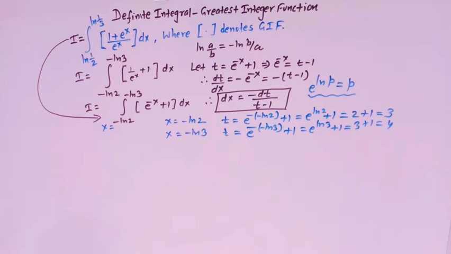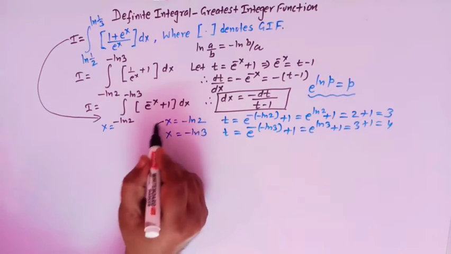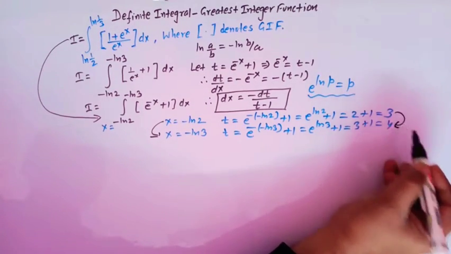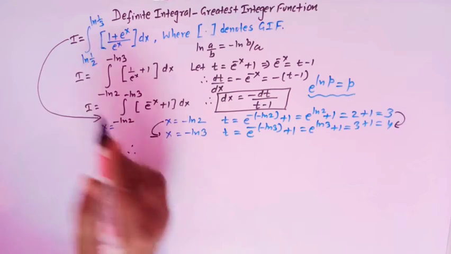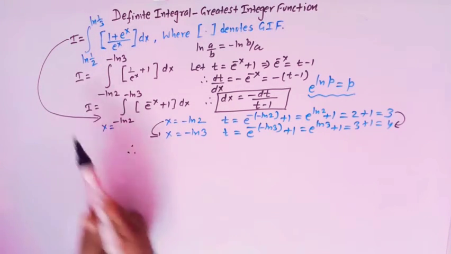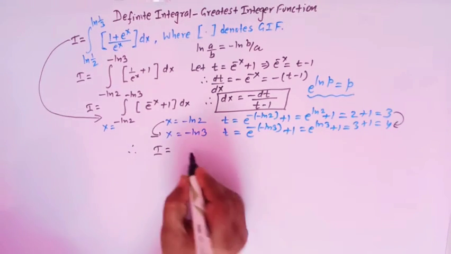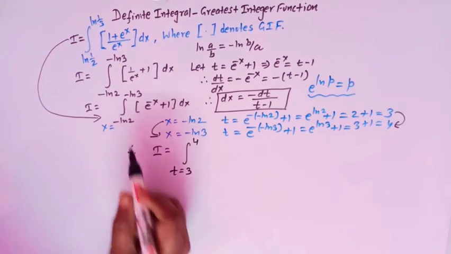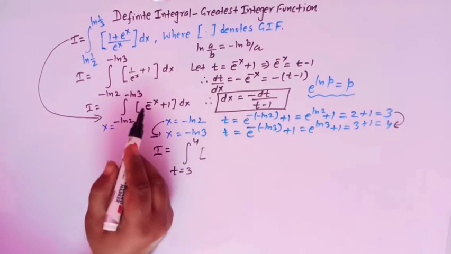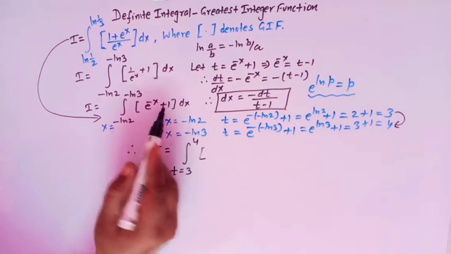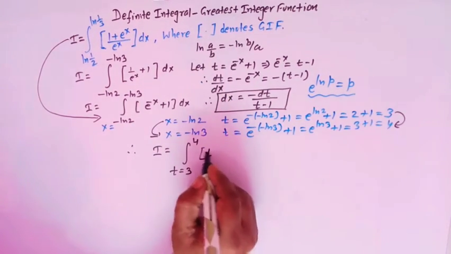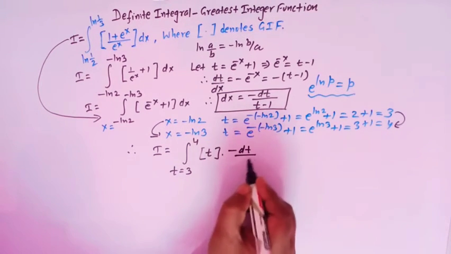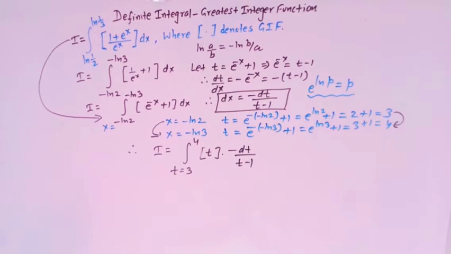So we see that when x varies from minus log 2 to minus log 3, t varies from 3 to 4. Therefore this integral I can now be written as the integral from t equal to 3 to 4 of the greatest integer of t, since e raised to minus x plus 1 is equal to t here, and for dx we write minus dt over (t minus 1).